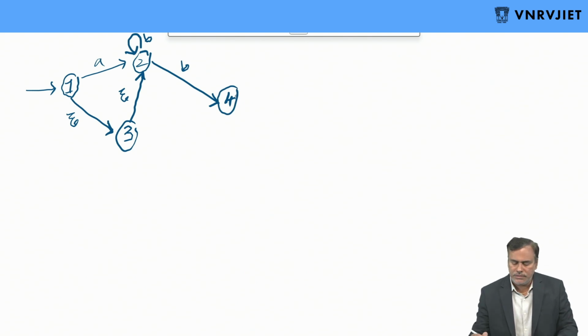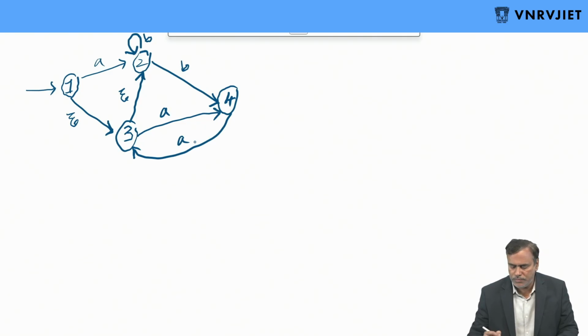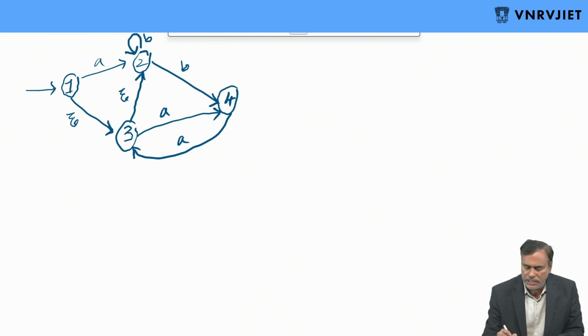You have a transition from state 3 to state 4 on input A, and from state 4 to state 3 on input A. This is the epsilon NFA.